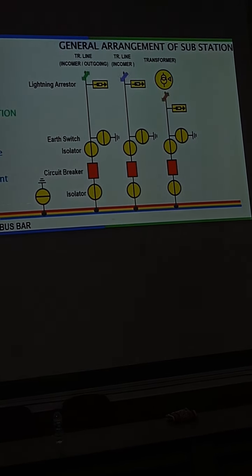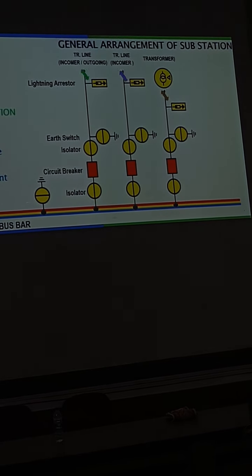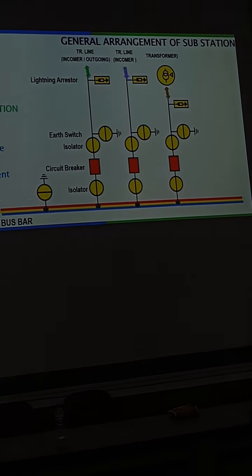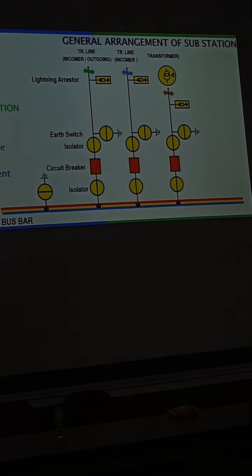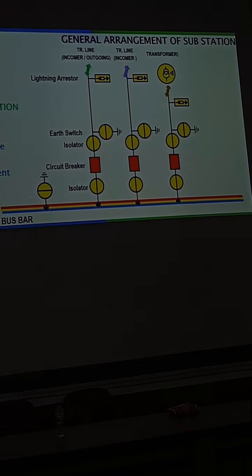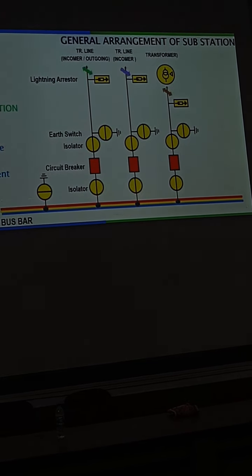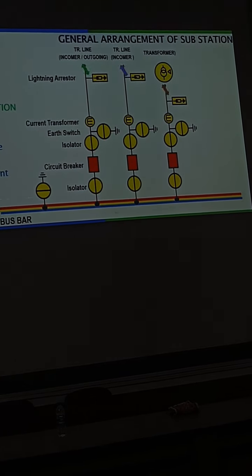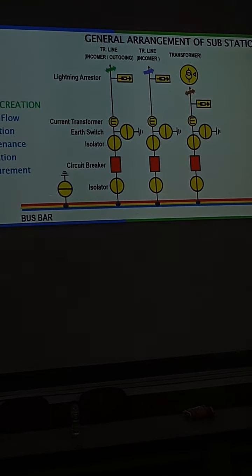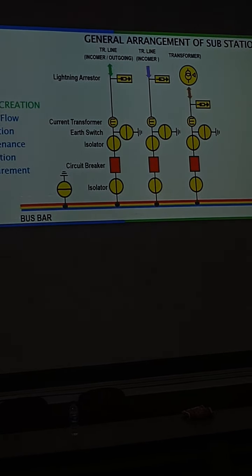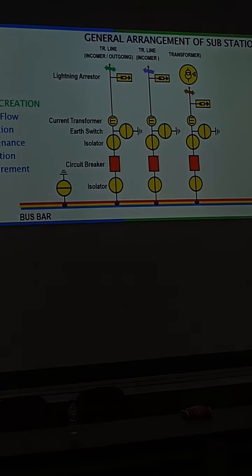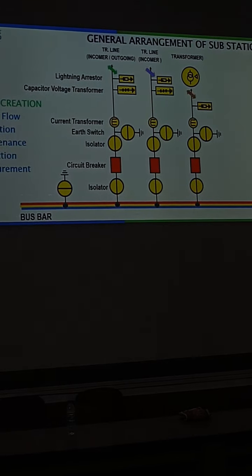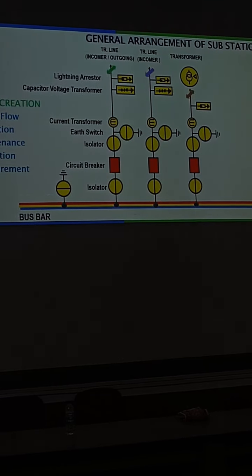You cannot directly measure from the primary because it is high voltage. So you have to step down the voltage to measurement level using a current transformer and a potential transformer. The current transformer gives the reflected current from primary to secondary, and for voltage you will put CVTs.